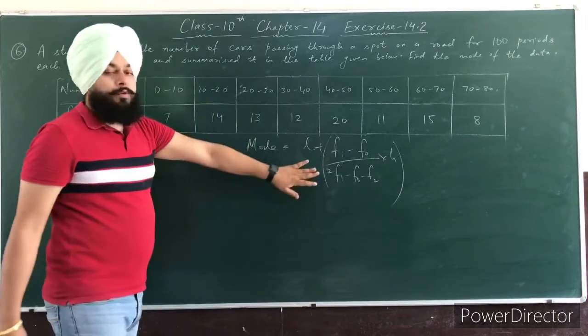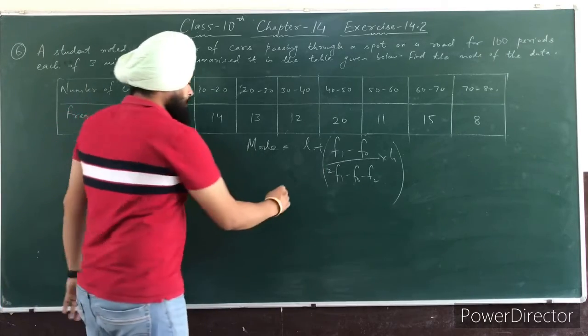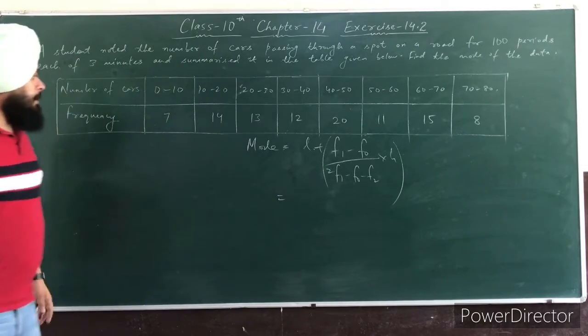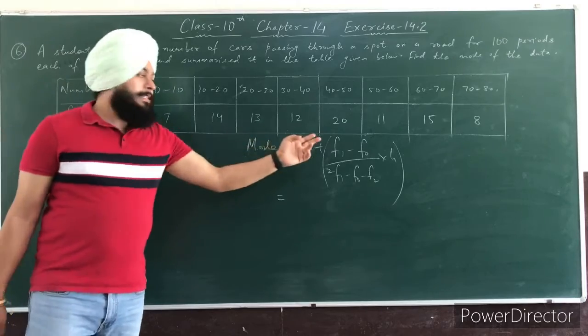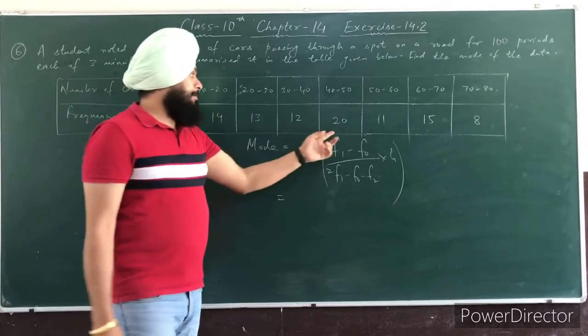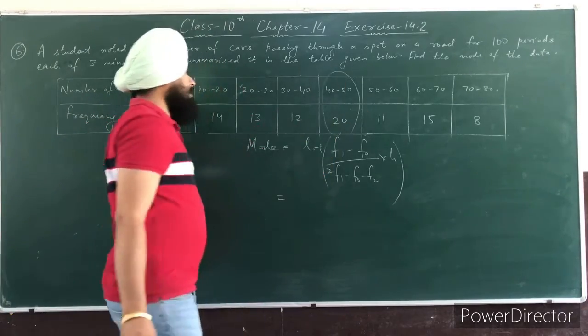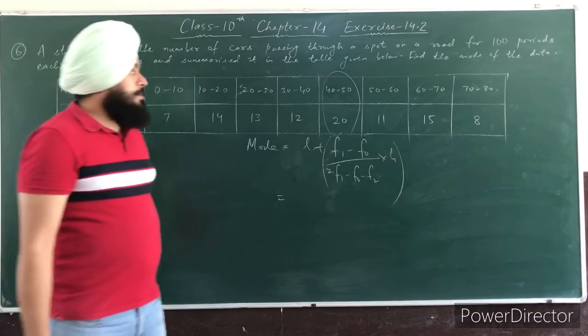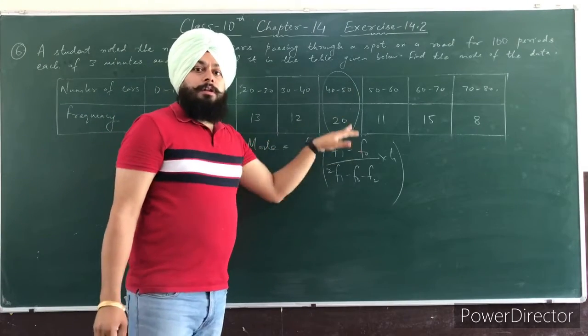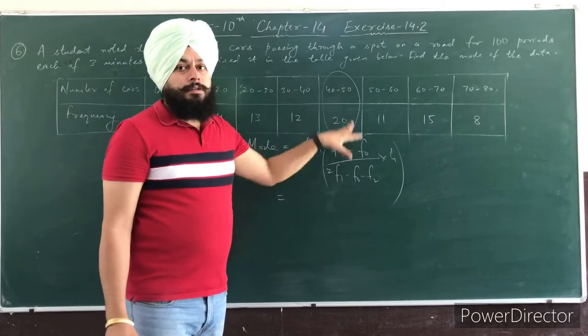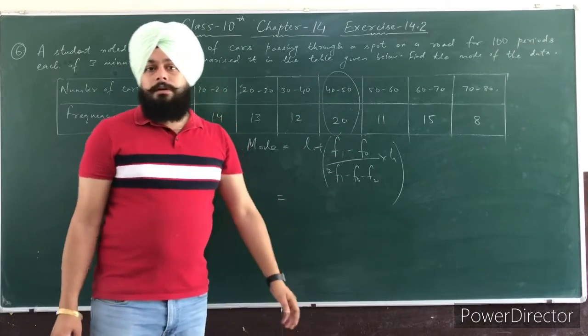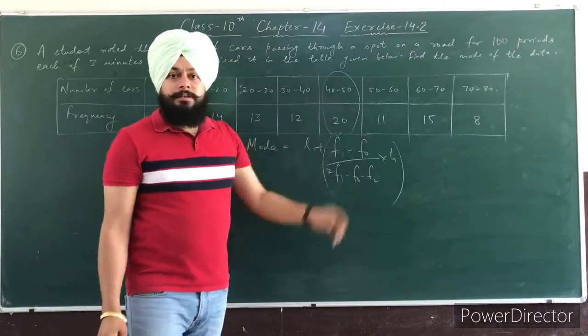So this is the formula to find the mode for this grouped data. First you have to see here which is the maximum frequency. Maximum frequency is 20. This is our maximum frequency, so this is our modal class. Clear, students? 40 to 50 is our modal class, and for this modal class the lower limit is 40.